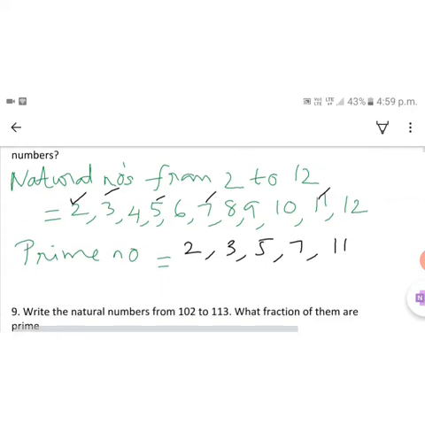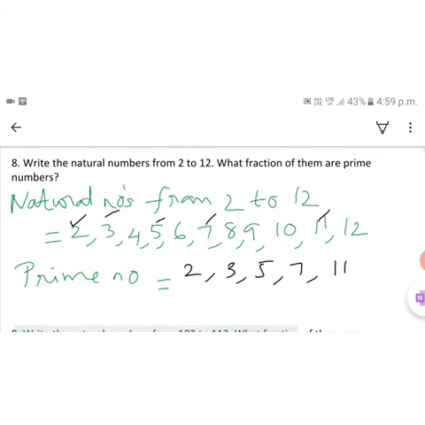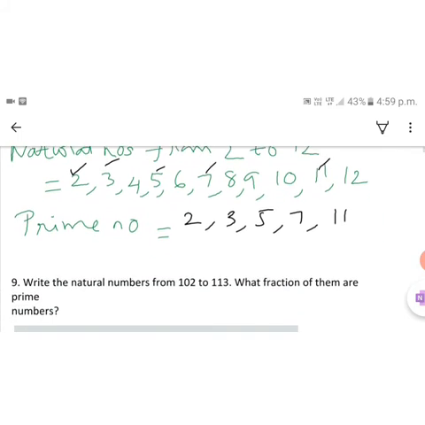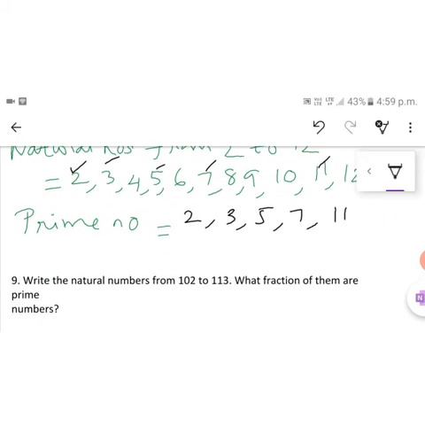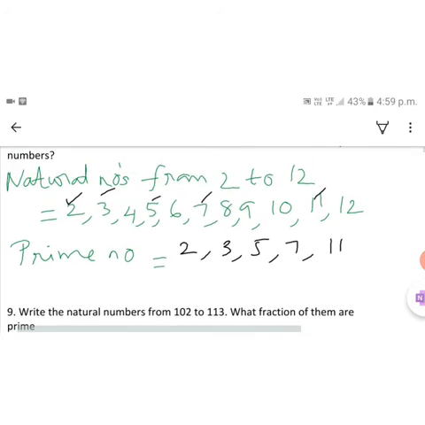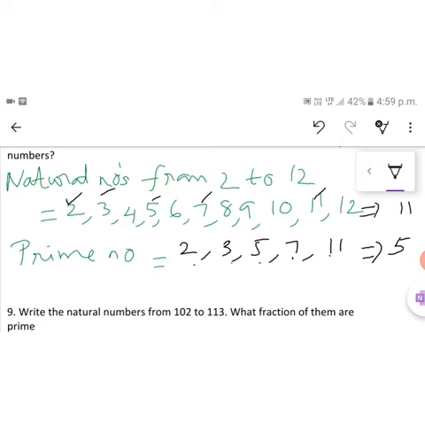Therefore, total number of natural numbers from 2 to 12 equal to 11. Number of prime numbers is 1, 2, 3, 4, 5. Therefore, fraction equal to 5 by 11.